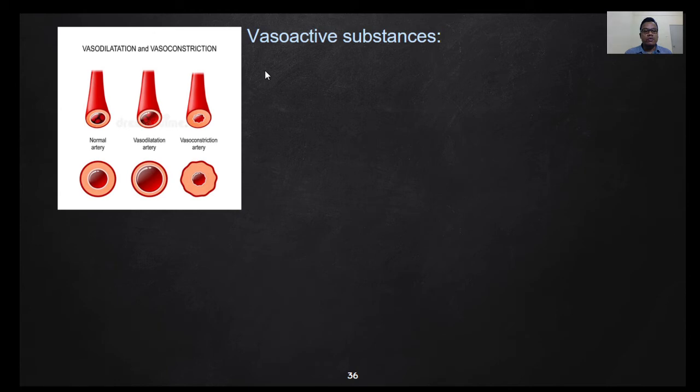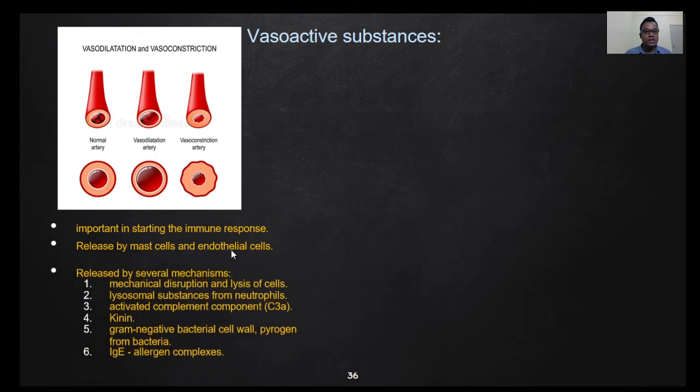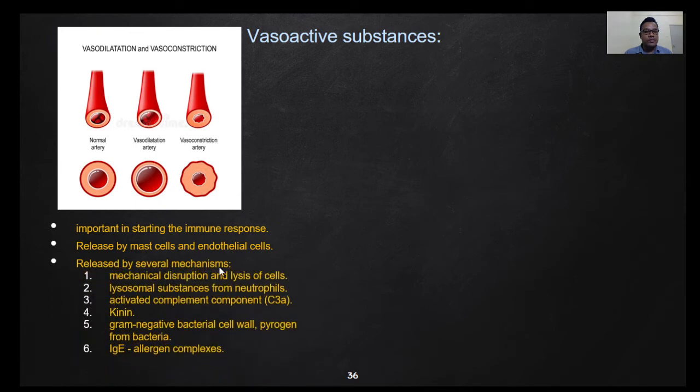And we are also going to talk a bit on vasoactive substances, important in starting the immune response. The majority are released by mast cells and also endothelial cells, by several mechanisms, including mechanical disruption and lysis of cells, lysosomal substances from neutrophils, activated complement components, kinin, gram-negative bacterial cell wall, pyrogens from bacteria, and also IgE in allergen complex.